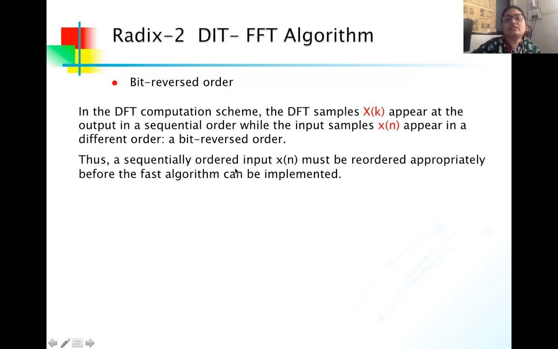Thus, sequentially ordered x of n must be reordered appropriately before the fast algorithm can be implemented. So if I want to implement this DIT FFT fast algorithm, the input order must be reordered because the input is in bit reversed order.